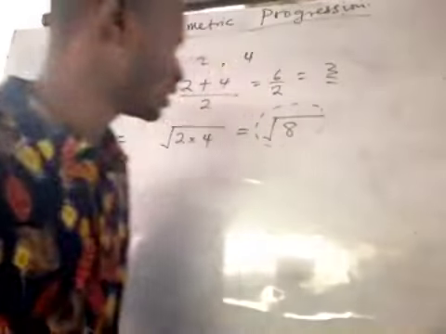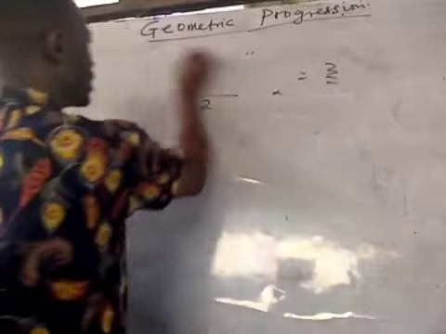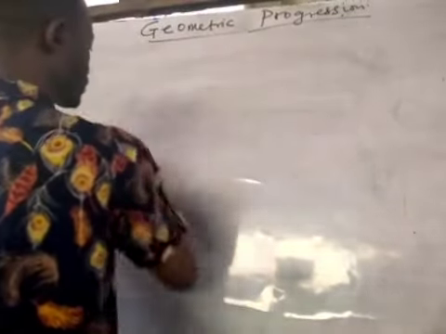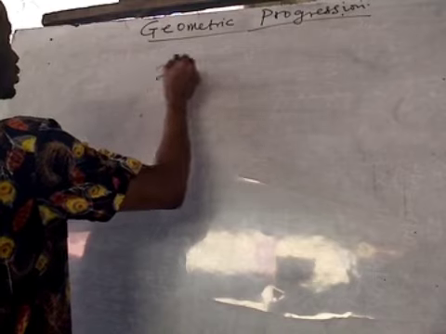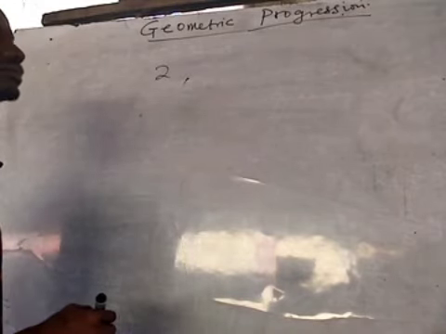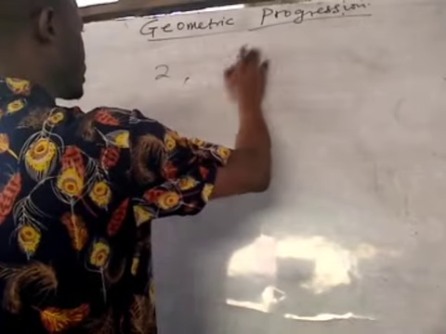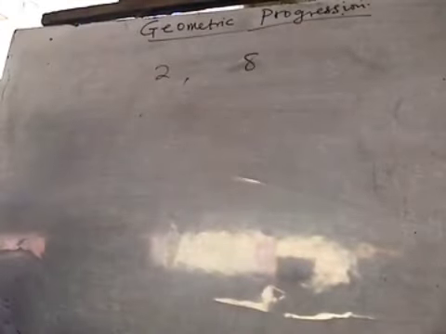For instance, let us look at this. Let's say I have the numbers 2 and 8. Okay?